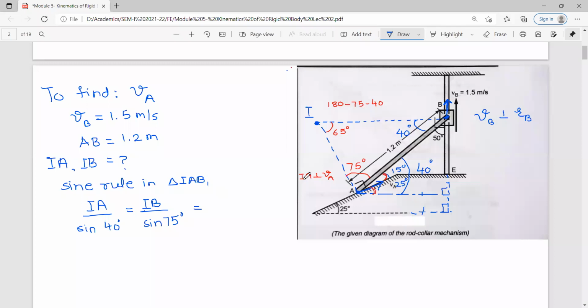AB is given to us as 1.2 meters. AB upon sine of 65 degrees, the opposite angle. So put the value of AB here and take any two ratios at a time and calculate IA and IB.